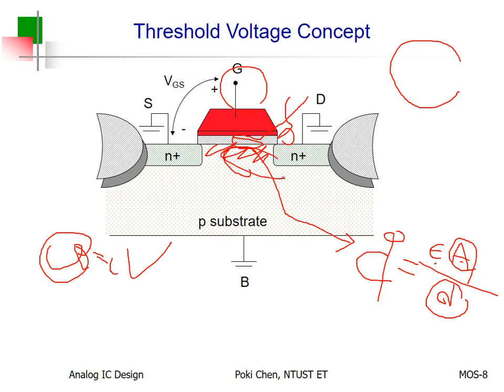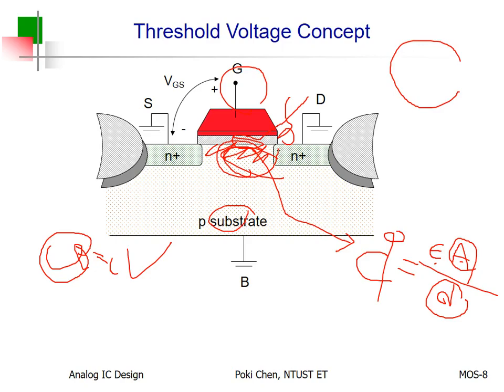That is fixed. The total number of charges in the channel area is fixed. So, first of all, the higher the doping for your substrate, it means the more charges to be killed, which means the higher threshold voltage, right?